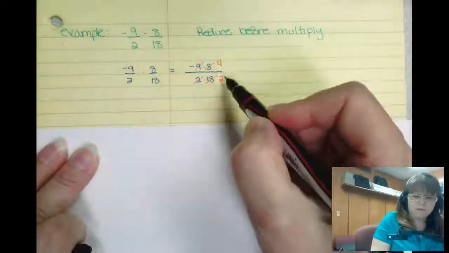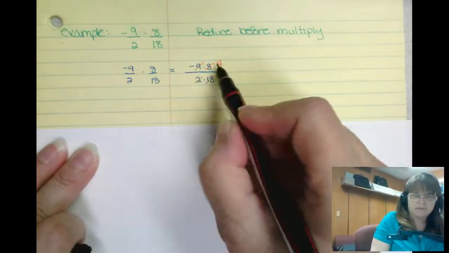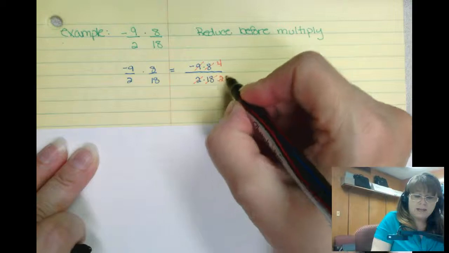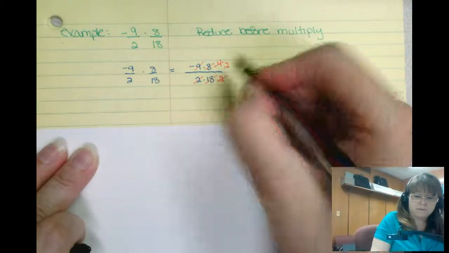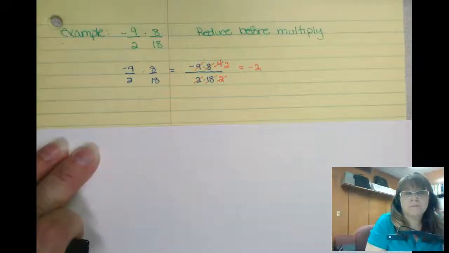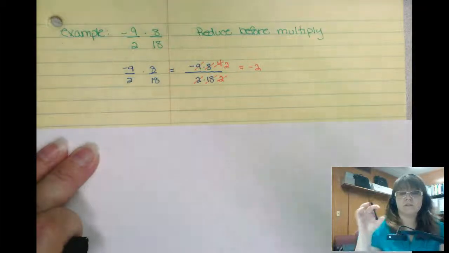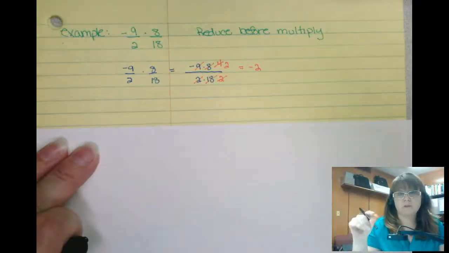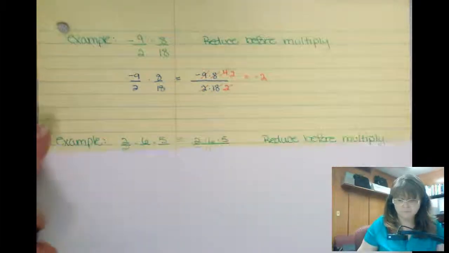But now I have 4 over 2. I actually have a -4 over 2, and that will reduce all the way down to -2. So if you prefer to get your fraction into smaller and smaller numbers, reduce before you multiply.